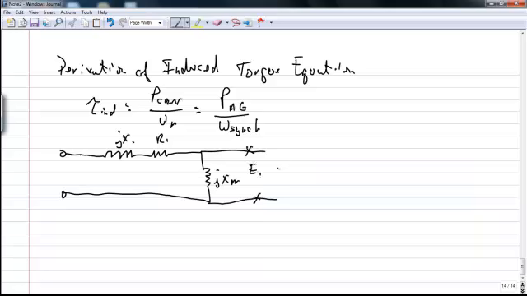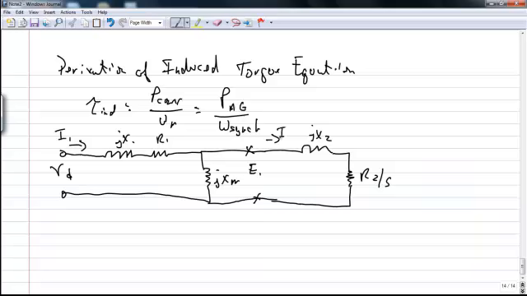E1 here. jX2 and the resistor R2 over s. Here's our phase voltage, and we have I1 flowing in this direction and I2 here.